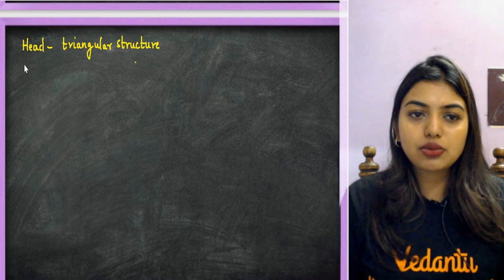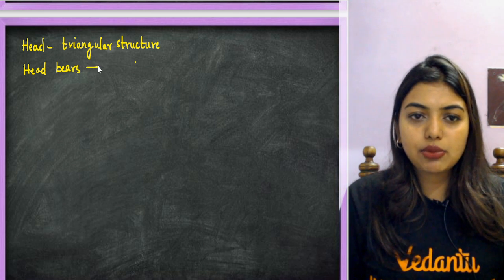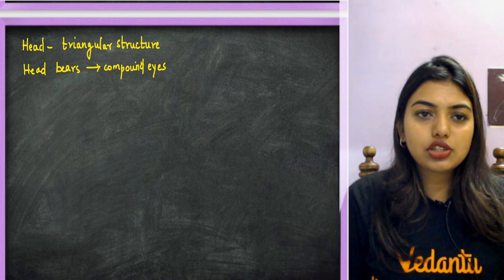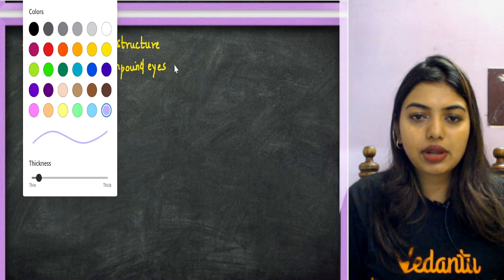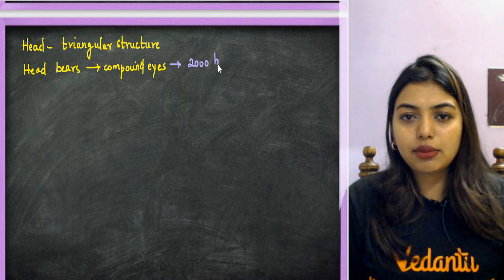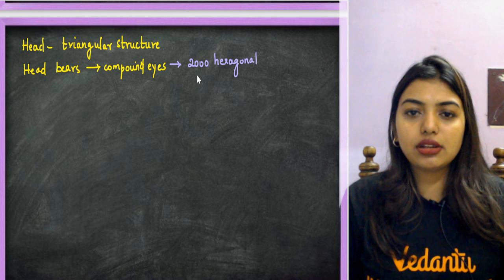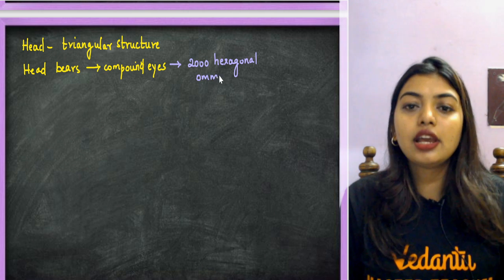Now head bears what? First they spoke about compound eyes. This compound eye is made up of around 2000, very important. You are going to study this again when you study sensory organs. So don't think, ma'am, why are you teaching things that are not there in NCERT. You're going to see this.